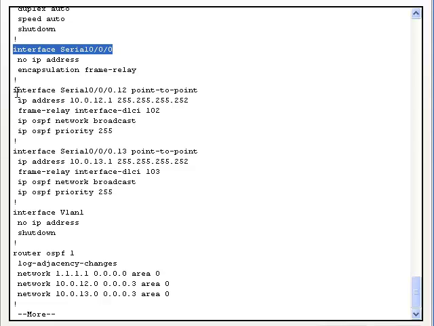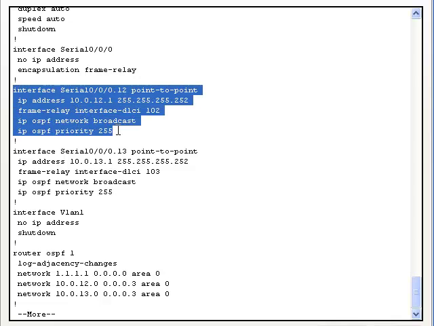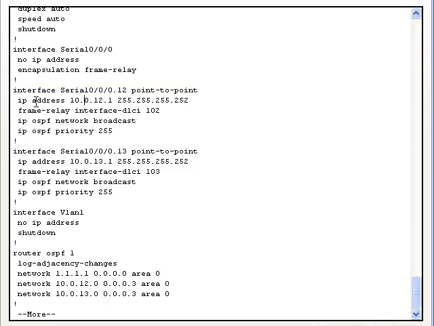And we created a point-to-point serial interface, and we mapped the DLCI number 102 with the IP address of 10.0.12.2. The reason why the router knows that the address is 10.0.12.2 is because this is a point-to-point connection, and that is the only other point available.